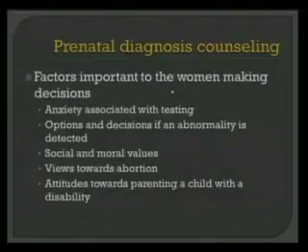You need to talk to your patient that there are some options if there is some abnormality discovered, okay? That leads the talk into your patient's social and moral values about what they would do, how they view abortion, how they view parenting a child that may have a disability or a lifelong disease.